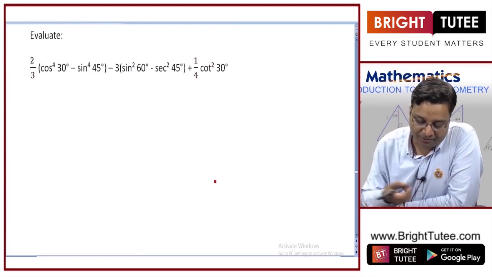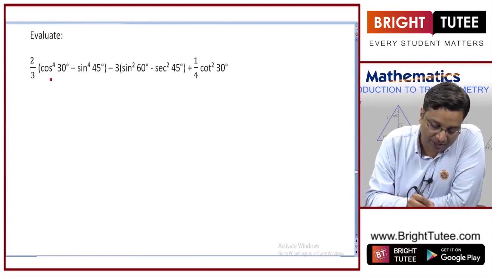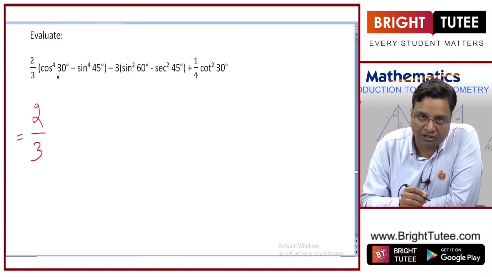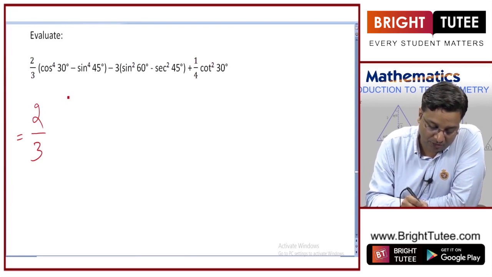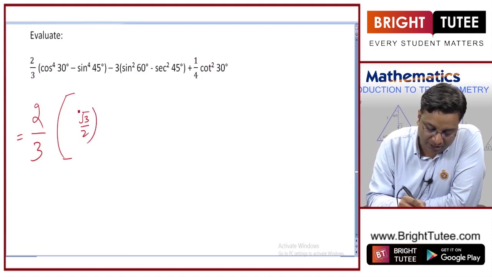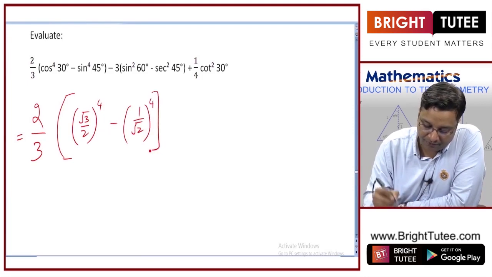Let's evaluate this one. This one can be evaluated directly if you know the values. So let me put the values here. 2 by 3. What is cos 30? Cos 30 is root 3 by 2. So root 3 by 2 raised to power 4 minus what is sin 45? 1 by root 2 raised to power 4 minus 3.